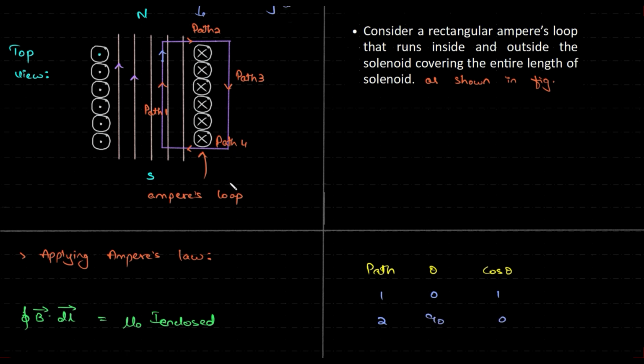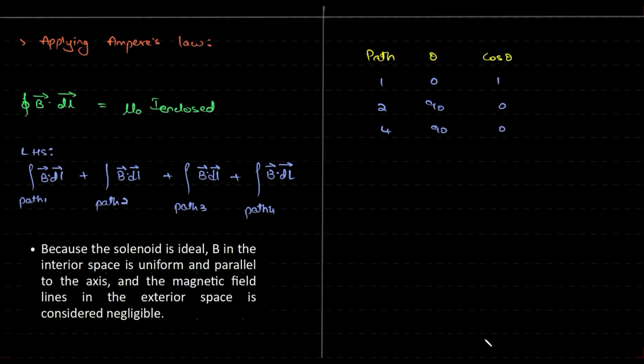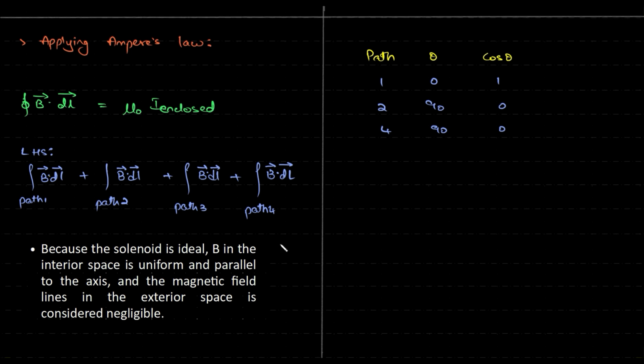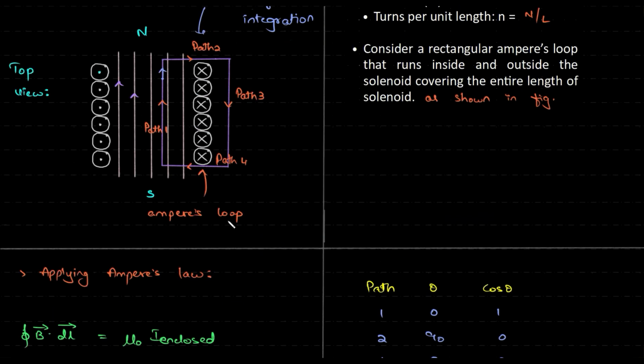Path 3, there is none, so let's skip that for now. Path 4: the angle between them is 90 degrees, and so this is 0. Then what about path 3? We missed out path 3. Path 3 is this.